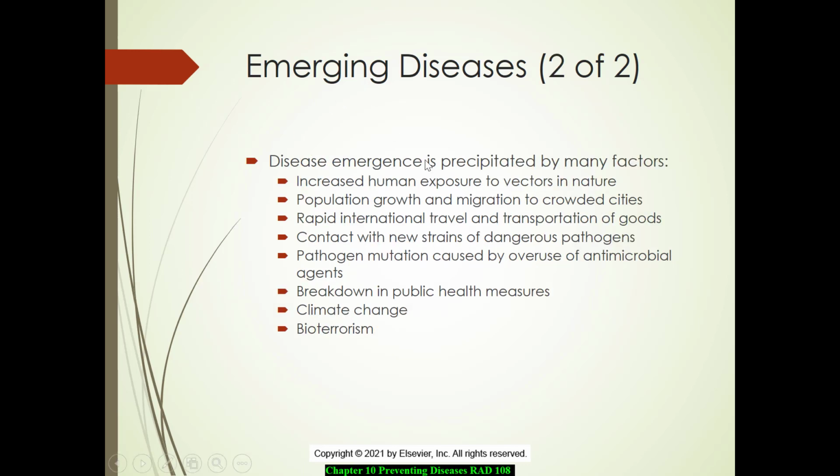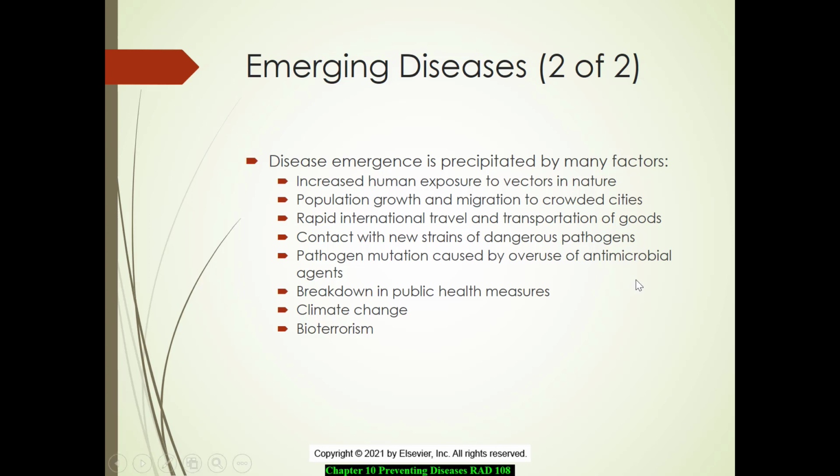So disease emergence is precipitated by many factors. We have increased human exposure to vectors in nature, population growth and migration to crowded cities, because the more people you have in a city, the easier it is to transmit disease. We have a vast variety of ways of international travel.